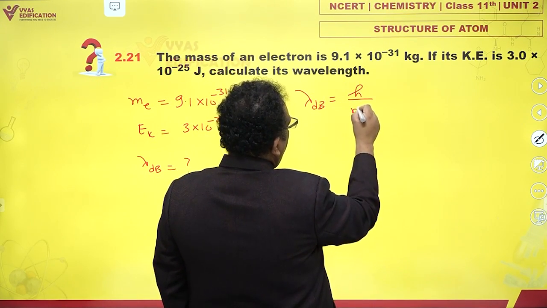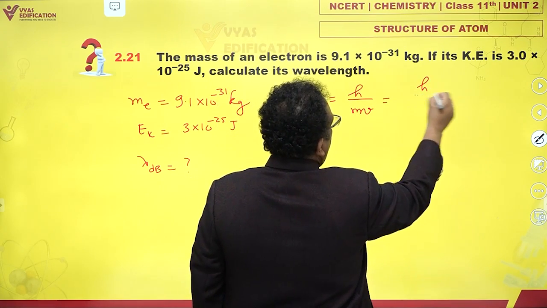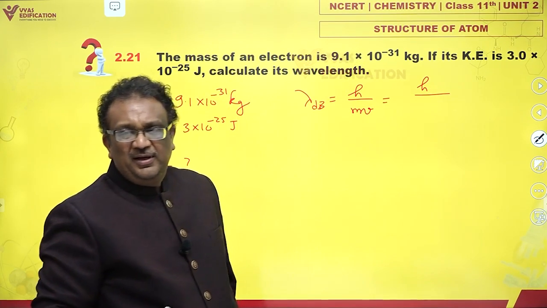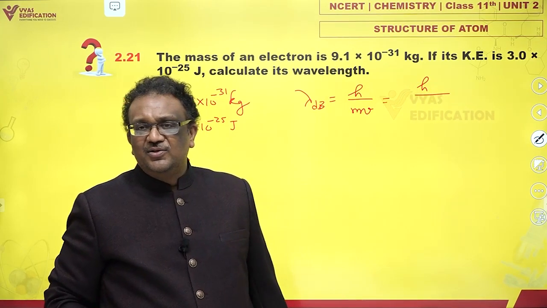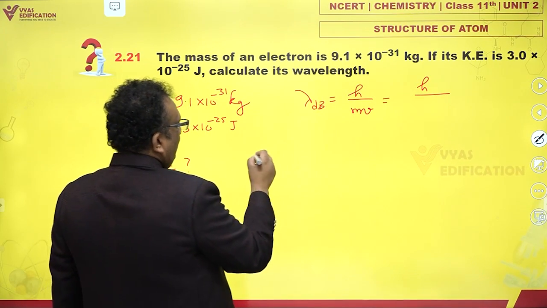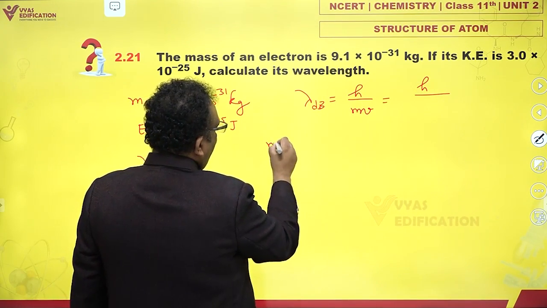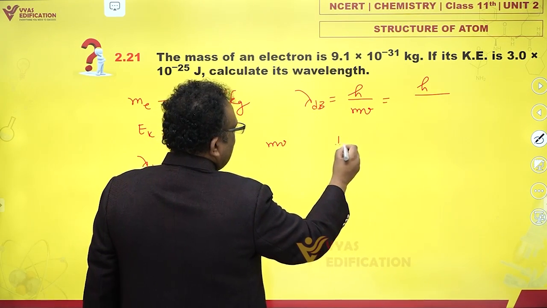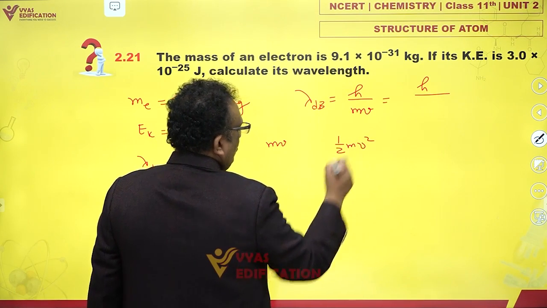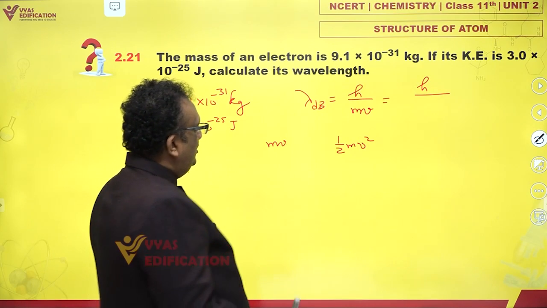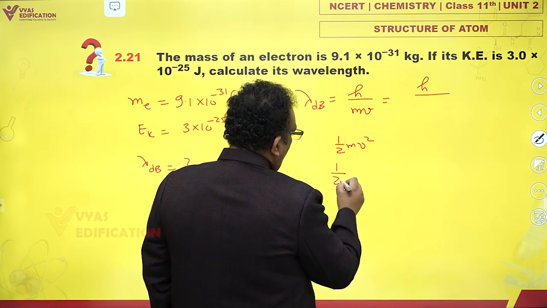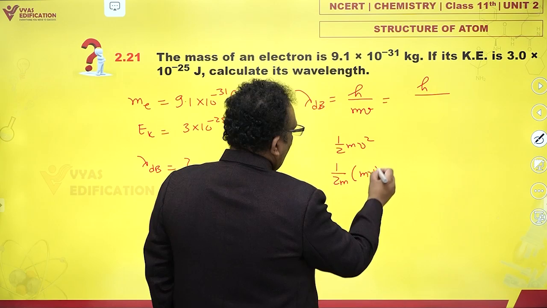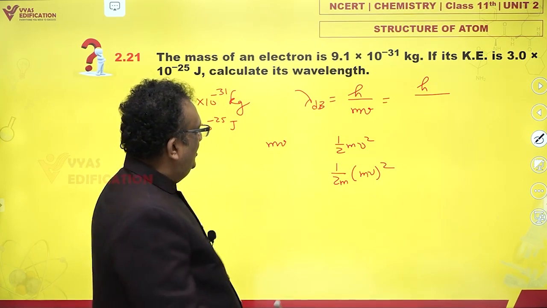h by mv. Can I relate momentum with kinetic energy? Yes, I can. Momentum is mv, and kinetic energy is half mv square, right? So could I say that this is 1 upon 2m, mv the whole square? Yes. How much is this?